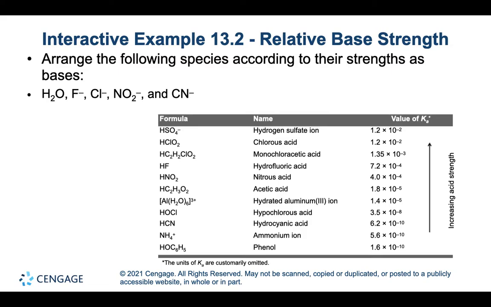We have Cl minus, which is the conjugate base of HCl. It's not in this chart because it's a strong acid. It's got a very large Ka. We have NO2 minus, HNO2 nitrous acid, 4.0 times 10 minus 4 for Ka. And CN minus, cyanide, hydrocyanic acid, HCN, has a Ka of 6.2 times 10 minus 10.